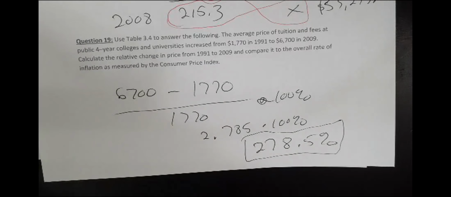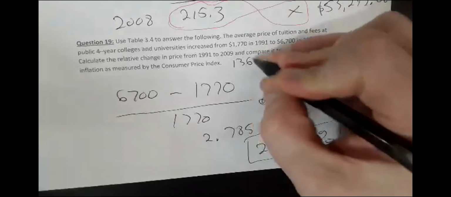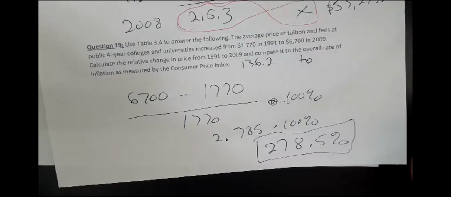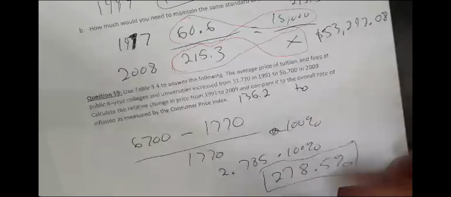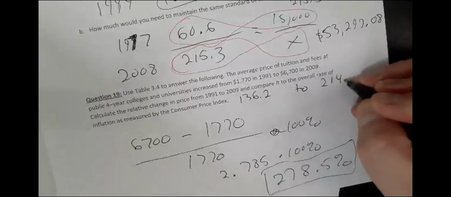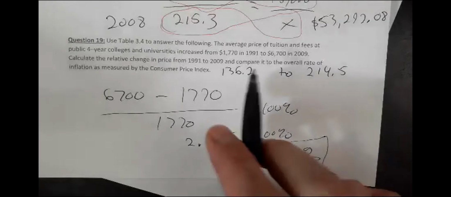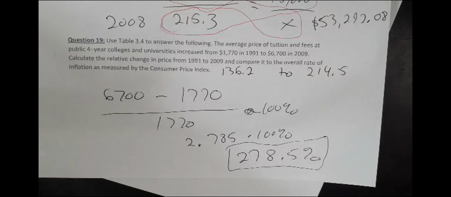Okay. And then the other thing, 1991 and 2009. So you're going to have to go back. 1991 on our table says 136.2. And 2009 says 214.5. And if I want to know inflation, how do I find inflation given the CPI?